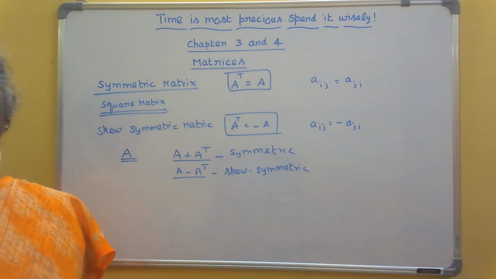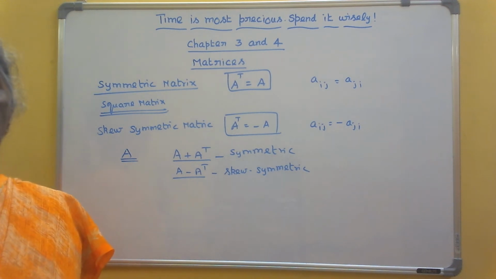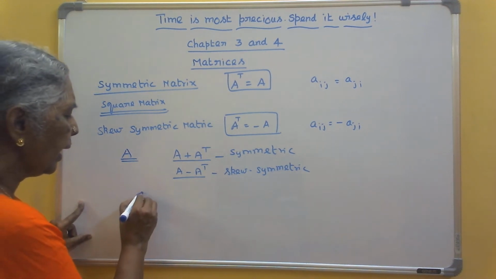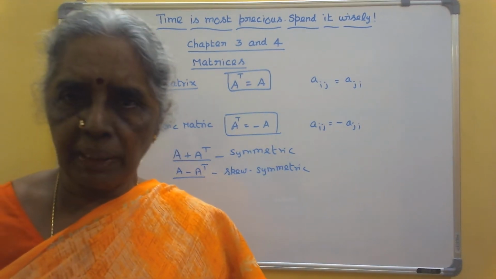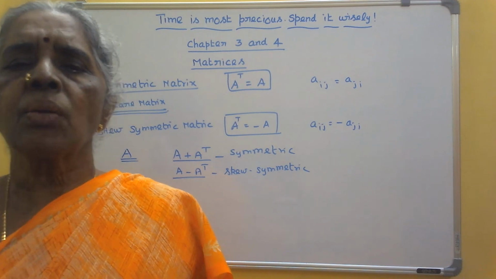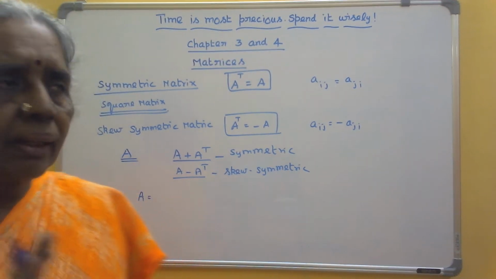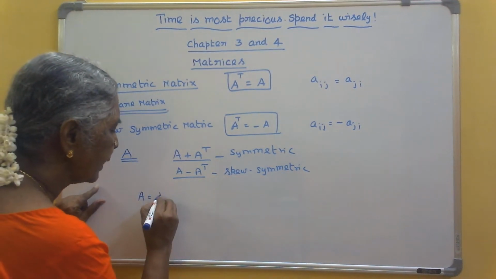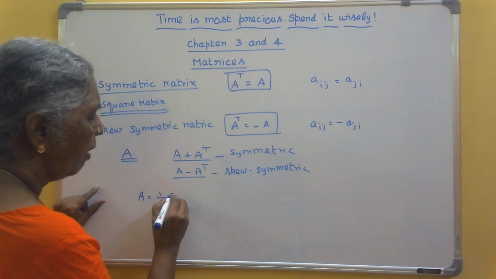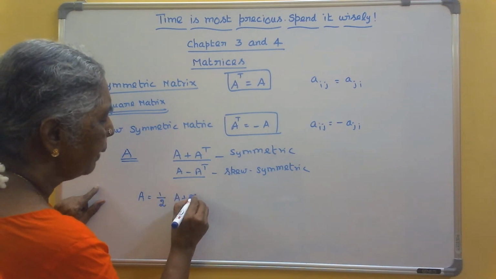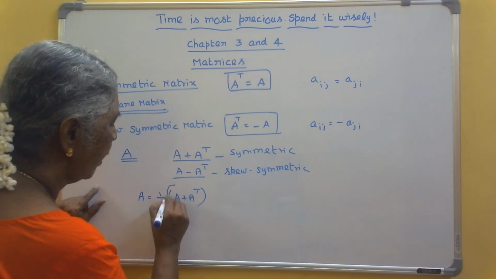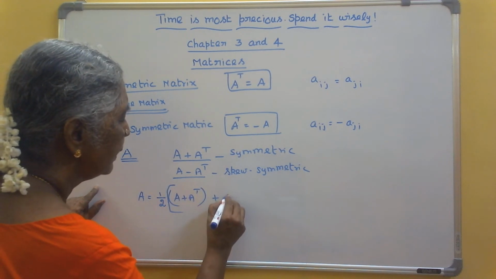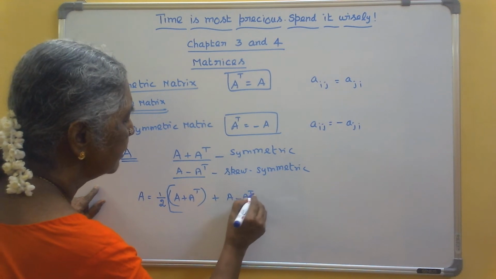Using this property, any matrix A can be expressed as a sum of a symmetric matrix and a skew symmetric matrix. That is, A can be written as half of (A plus A dash, or A transpose), I will put a bracket, plus (A minus A^T).